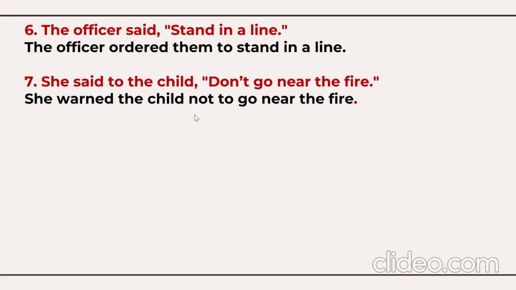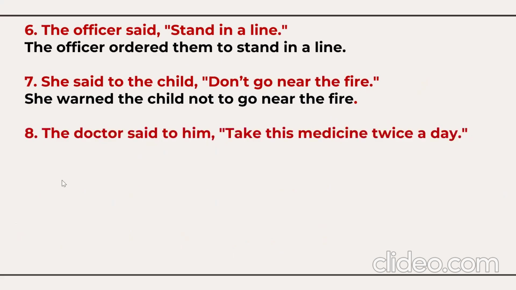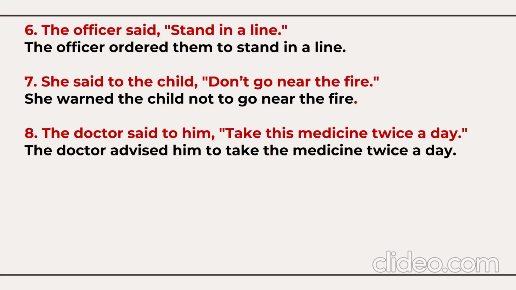It's a warning, not to go near the fire. The doctor said to him, take this medicine twice a day. It's a suggestion, it's an advice. The doctor advised him to take the medicine twice a day. So to remove the comma and to, we have to use to as an infinitive.